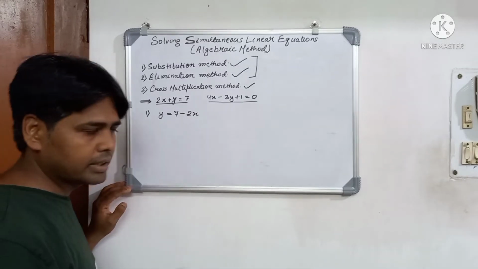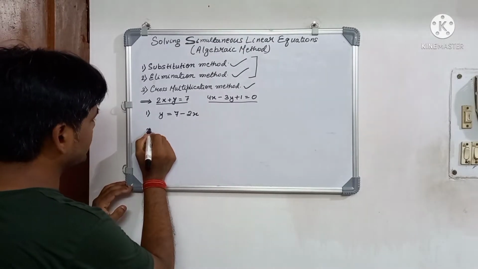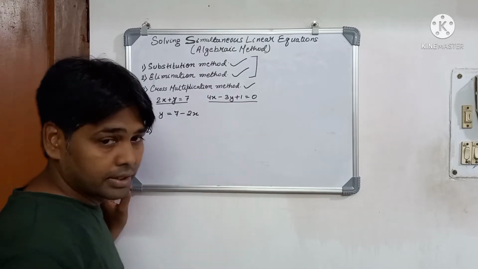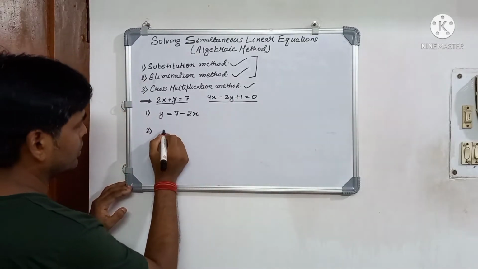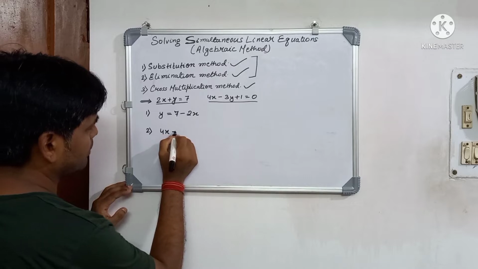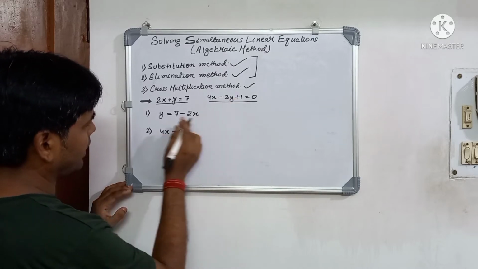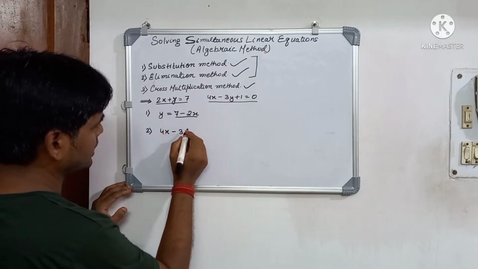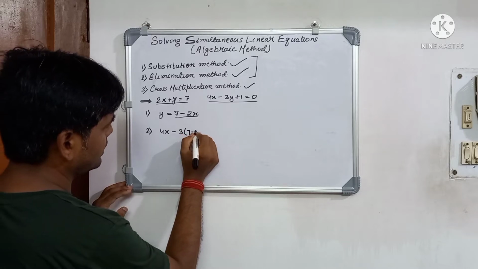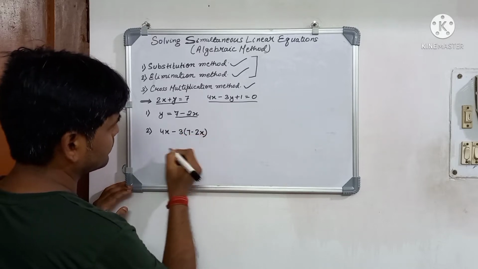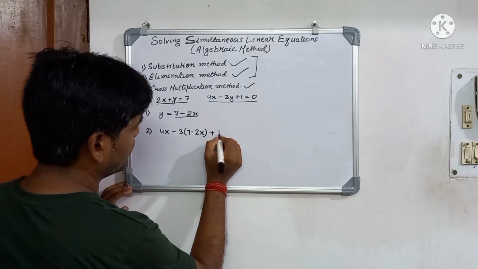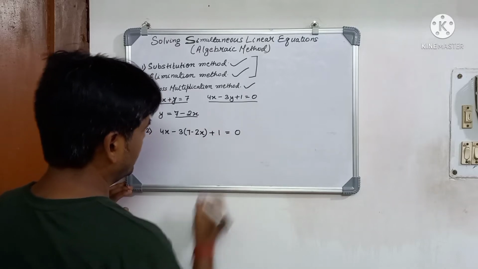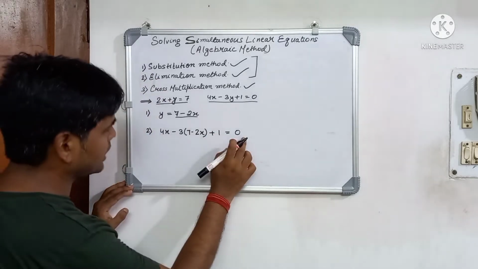Now the next step is to put this value of y into the second equation. Instead of y in 4x minus 3y plus 1 equals 0, I am going to put 7 minus 2x. Now we will solve this entire equation.